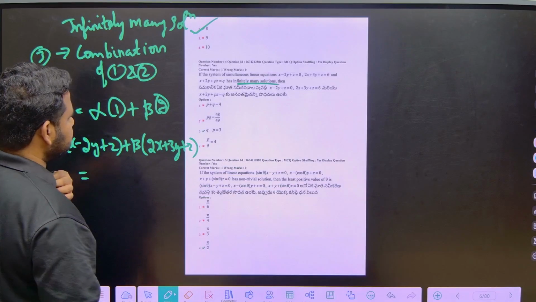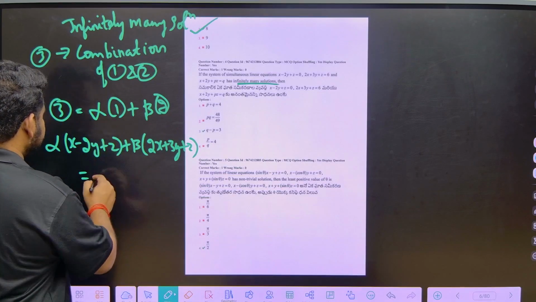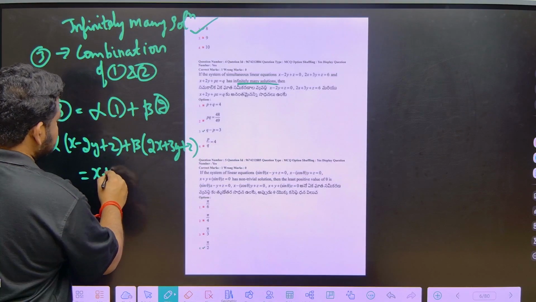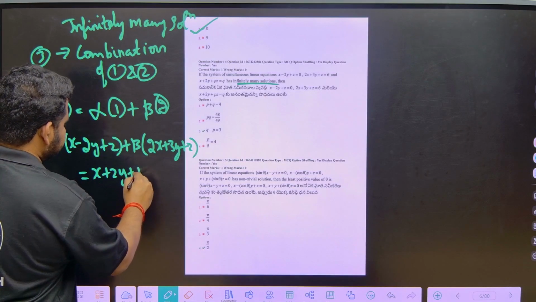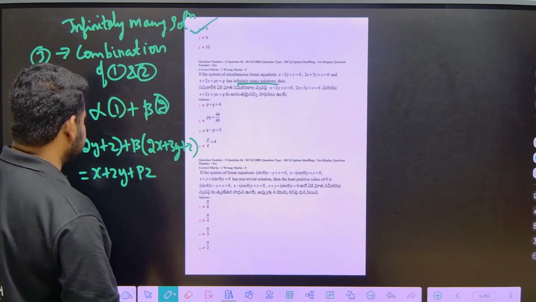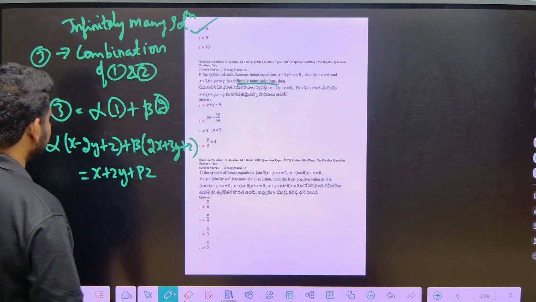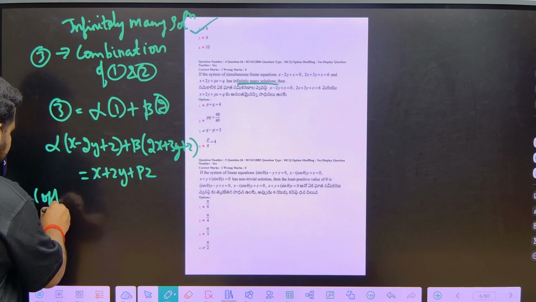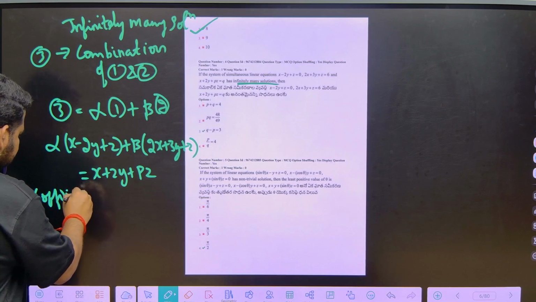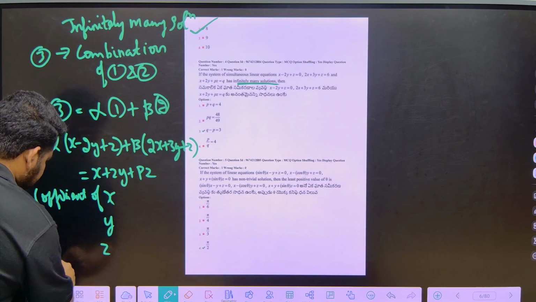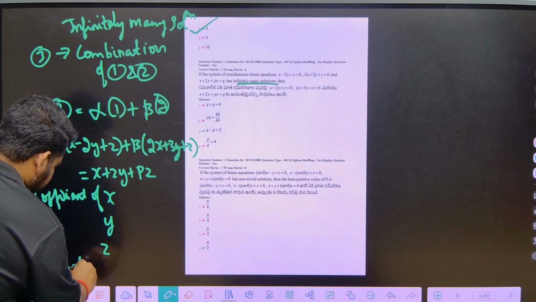Now, the third equation is x plus 2y plus pz. We have to equate the coefficients of x, coefficient of y, coefficient of z, and the constant also.